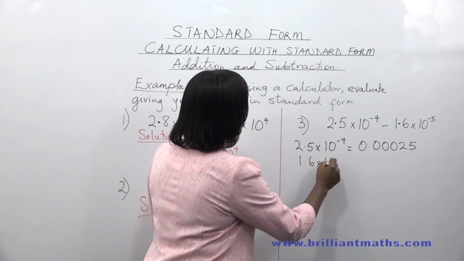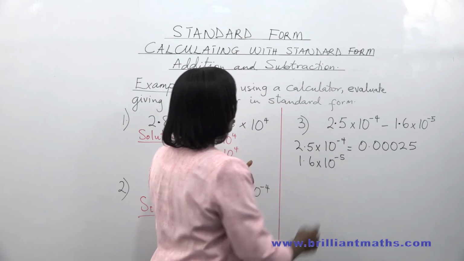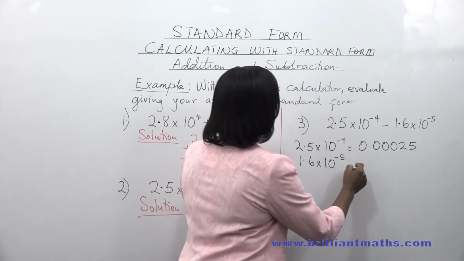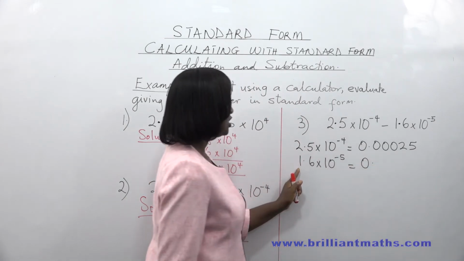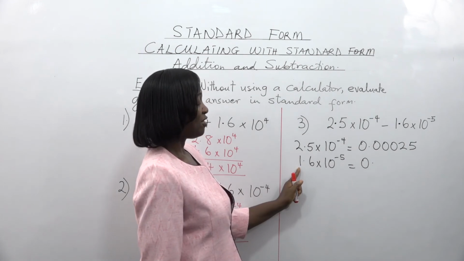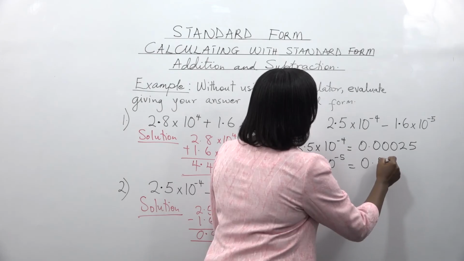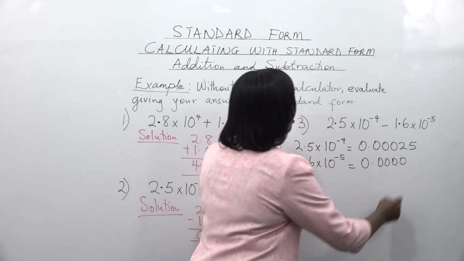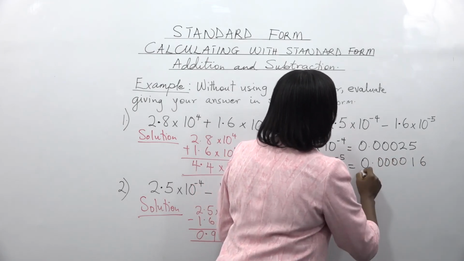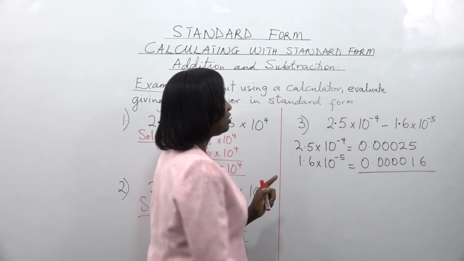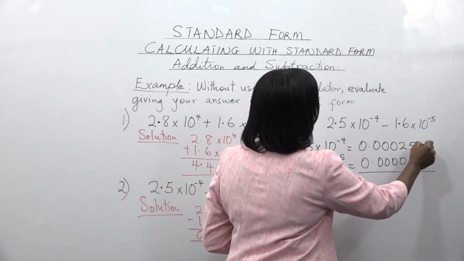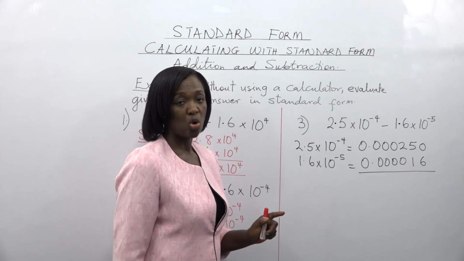And then 1.6 times 10 to the power minus 5 will be 0. This time we're going to have 4 zeros after the decimal point before our 1, 6. And then we subtract. You can put a 0 here as a placeholder.